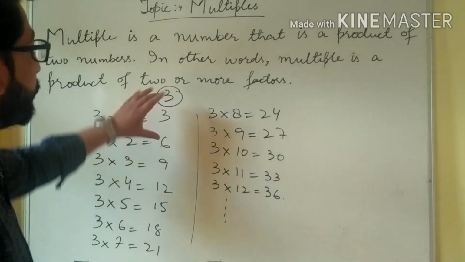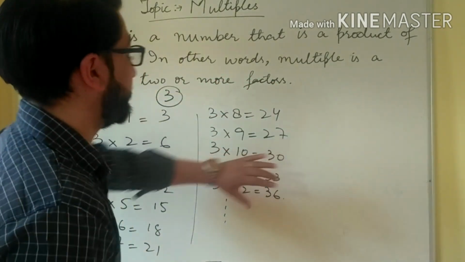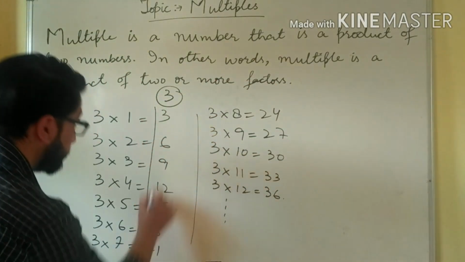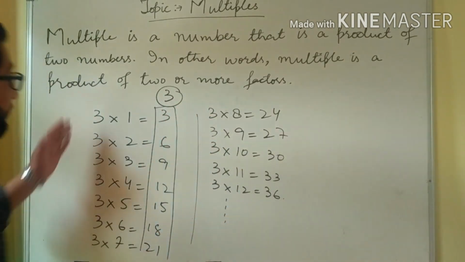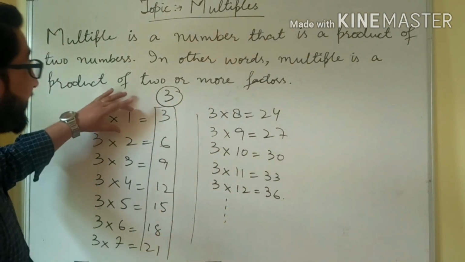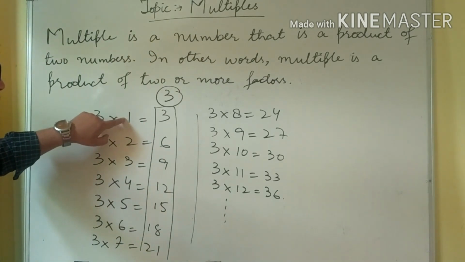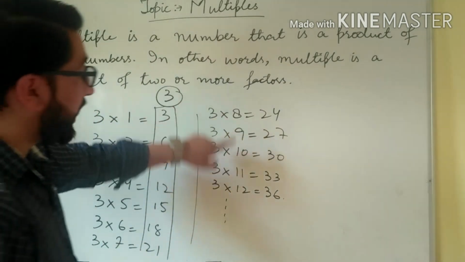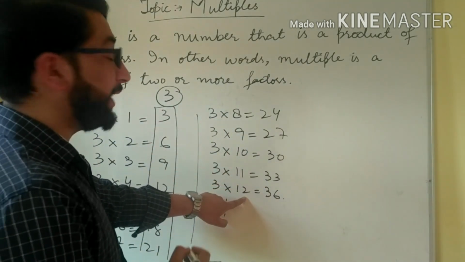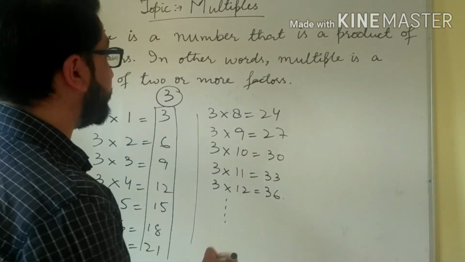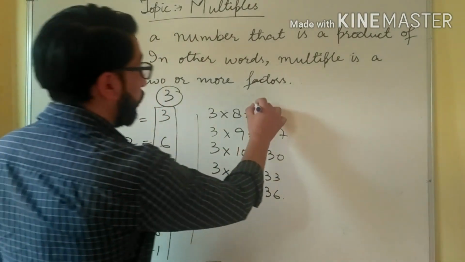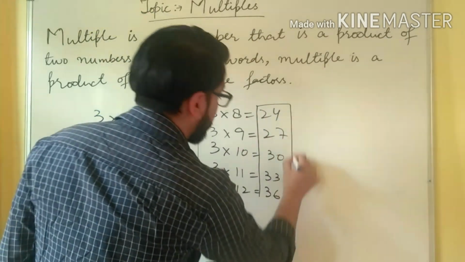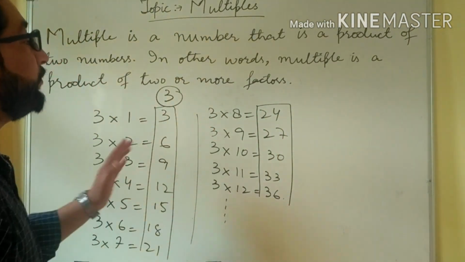The numbers we obtained at the end are what we get when we multiply 3 by counting numbers. Here counting numbers are 1, 2, 3, 4, 5, 6 up to 12. I have stopped at 12. We can write 13, 14, 15 as well. And what we obtained are said to be multiples of 3.